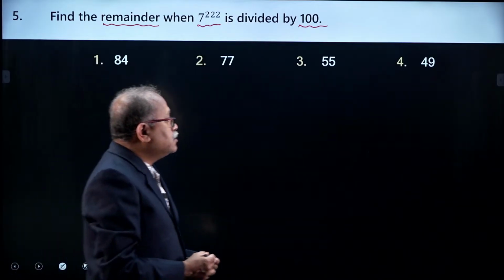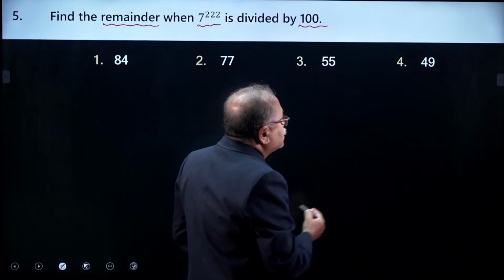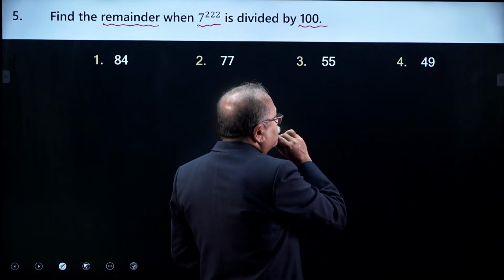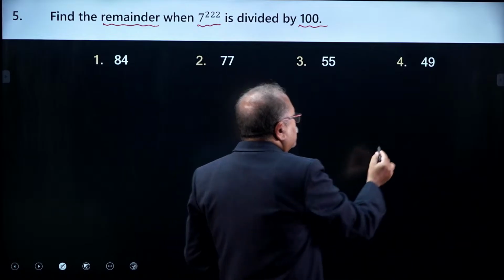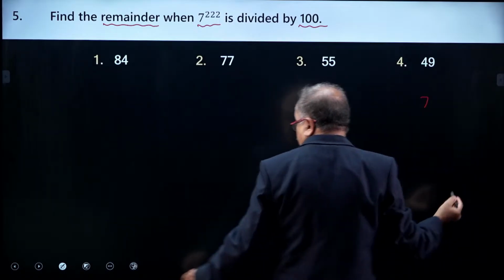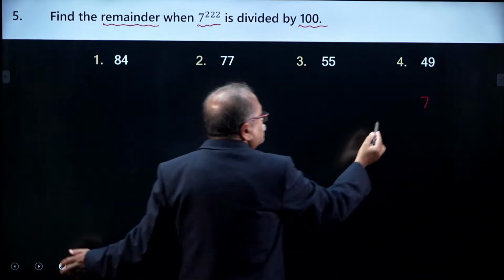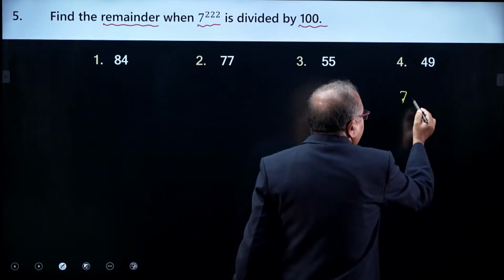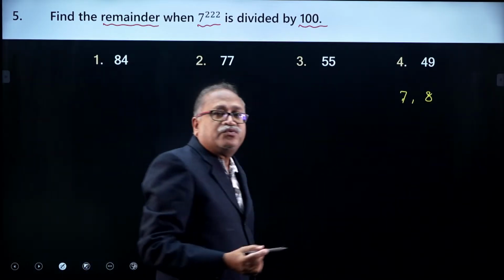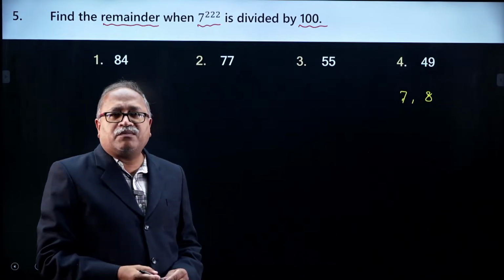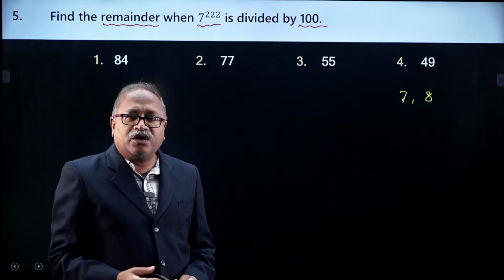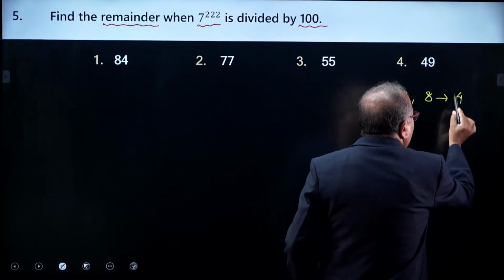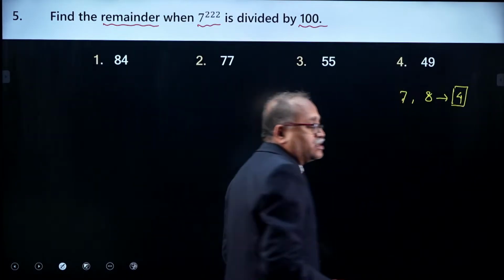So these numbers, that is 2, 3 and 4, 7 and 8. When you divide any number by either 7 or 8, the remainder keeps repeating after 4 sets.